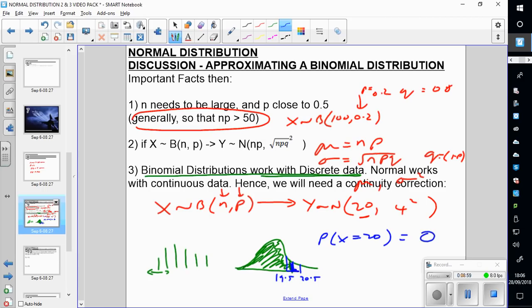If I wanted to know the probability of it equaling 20, I would take the area between the upper and lower bound. Do you see that the number 20, when it comes to the normal distribution, isn't really 20? It's that space in between, because that has, however slim, an area. Okay, I hope you understand that.